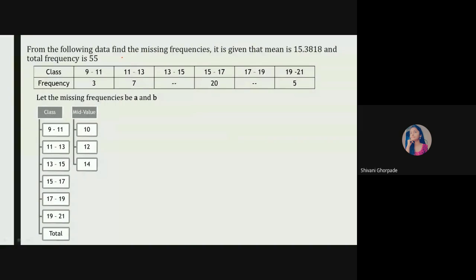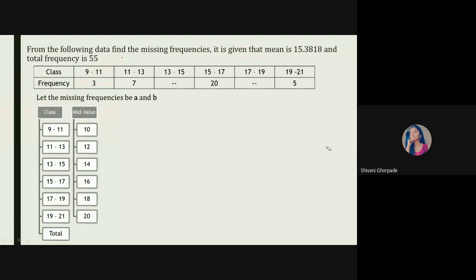Okay, no problem, it's okay, don't say sorry. Now the next one will be 15 plus 17, 16. Yes, then the next one will be 18, yes, and the last one 20.